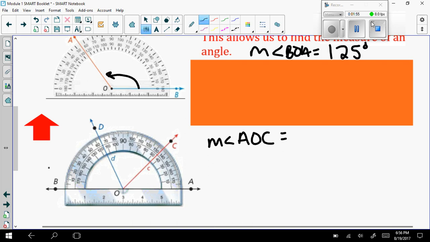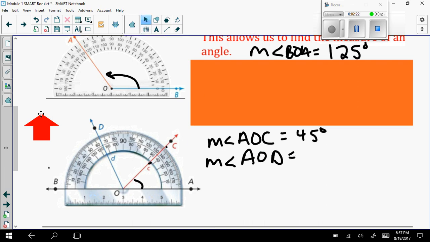Okay, so my measure of angle AOC, that's this one right here, is, again, my ray OC passes through 2 points. Because this one is acute, it's this bottom one. I'm following the bottom one, so 45 degrees. The measure of angle AOD, so I am looking at this angle, AOD.